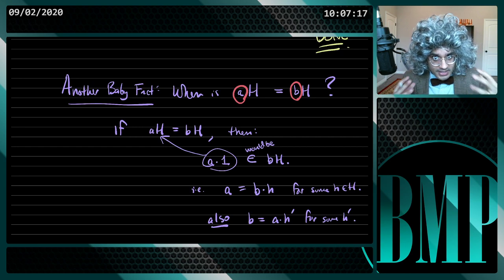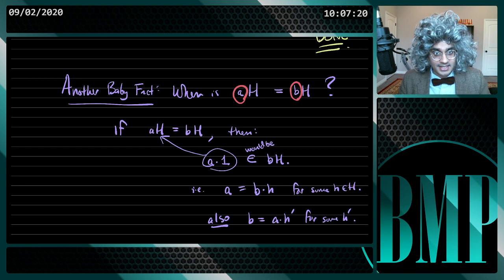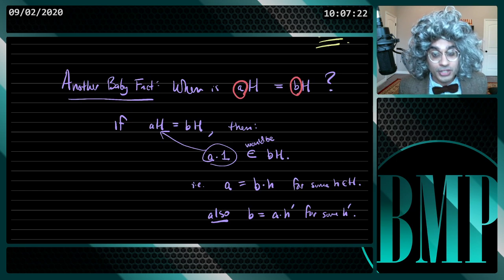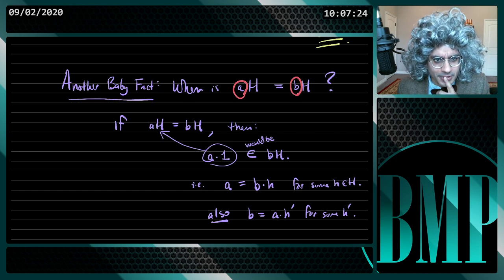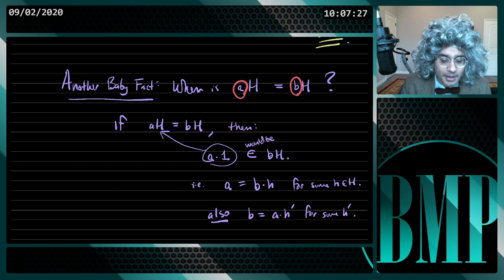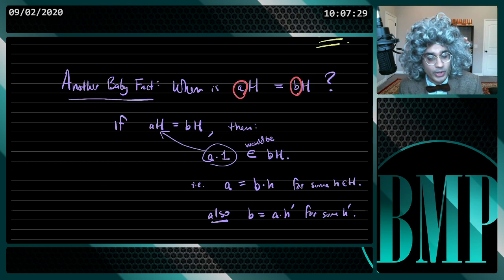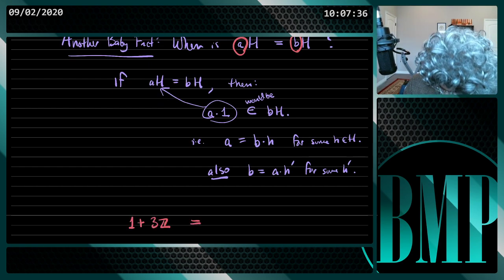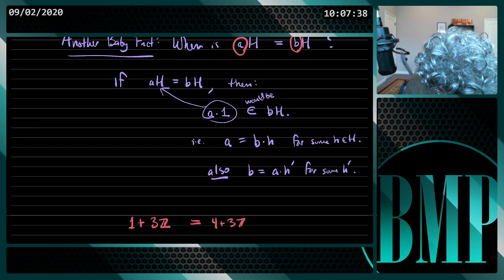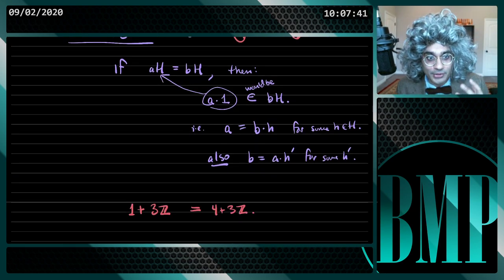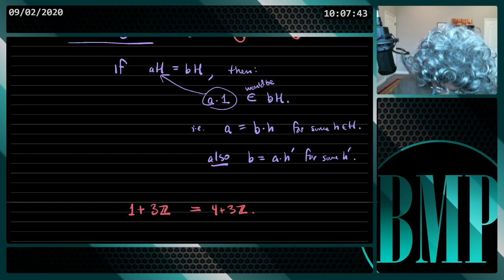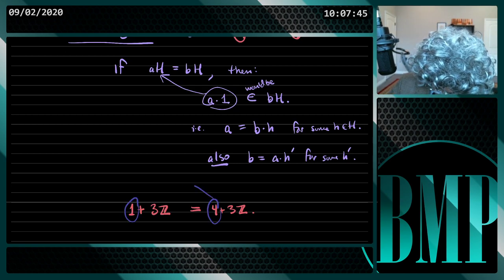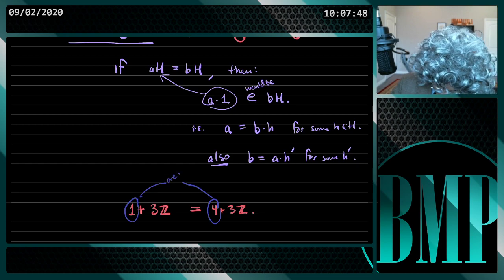And the way you know that it yields the same subset is if A and B are in the same coset as each other. That's kind of a tongue twister, but that's how you know you're witnessing the same coset. So for example, 1 plus 3Z is the same coset as 4 plus 3Z. And the underlying reason is because 1 and 4 are in the same left coset.